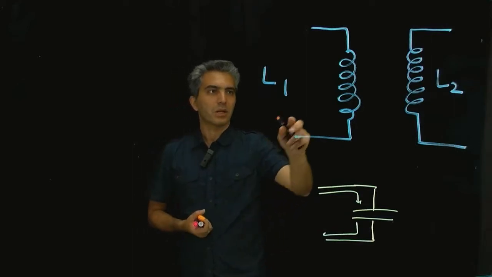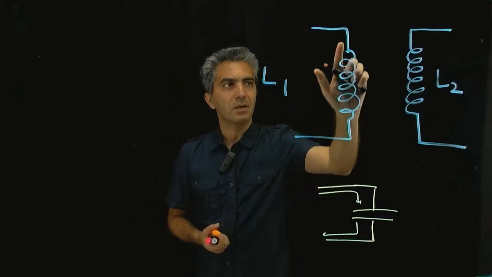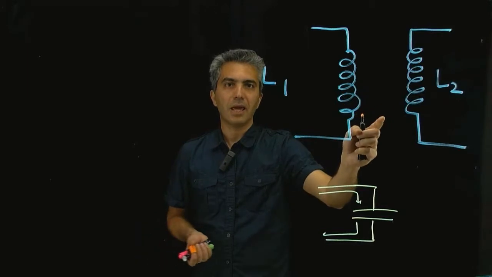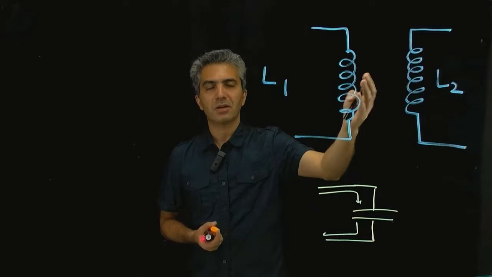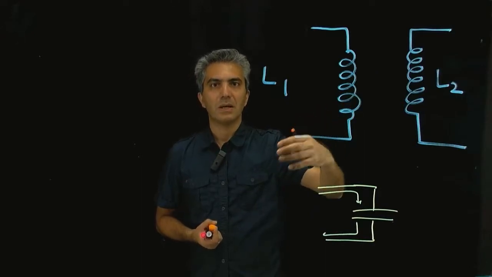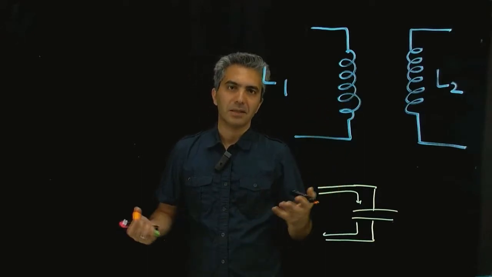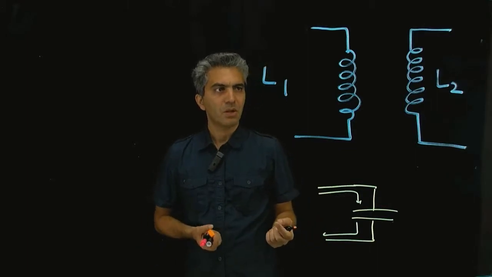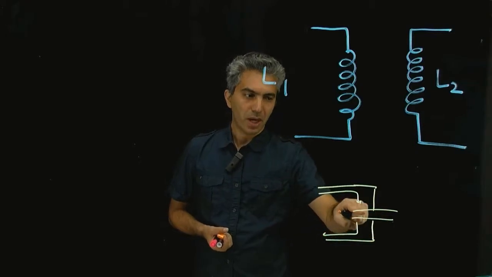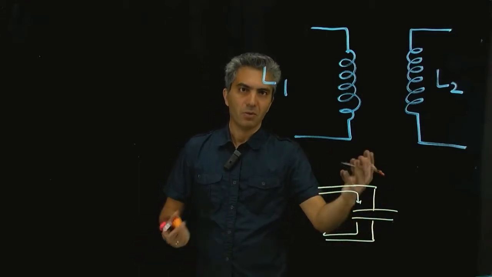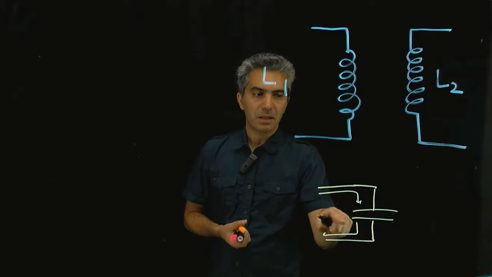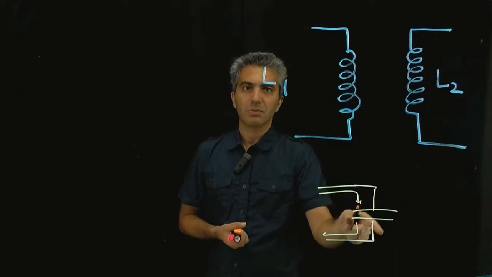In other words, if this loop has some material in the middle other than air, you may guess that the transformation of energy is going to be different, and in reality that is the case. The same way that in a capacitor, whether you had air between the two plates or you put in a dielectric with a permittivity different than air, or larger than air for that matter, the amount of energy that you get is going to be different.